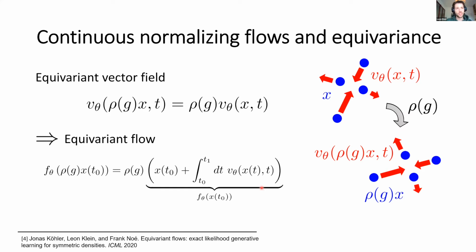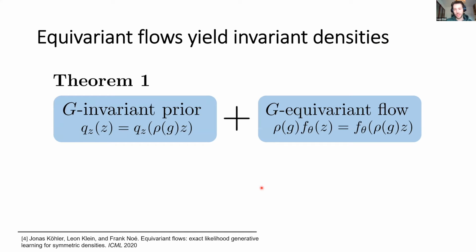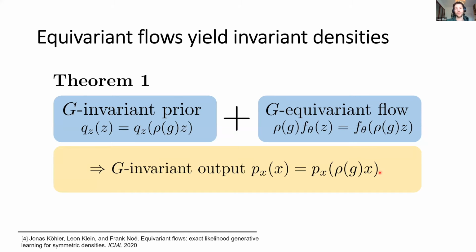And then we showed, in a paper from 2020, that if we combine such an equivariant flow, and this doesn't have to be a continuous normalizing flow, but I just showed an equivariant flow based on continuous normalizing flows, with a prior distribution which has the same symmetries as the flow, then the output will again have the same symmetries as the prior distribution.